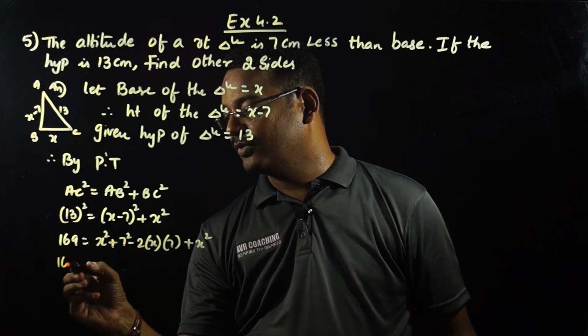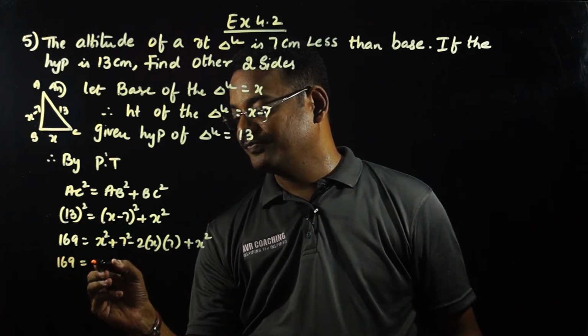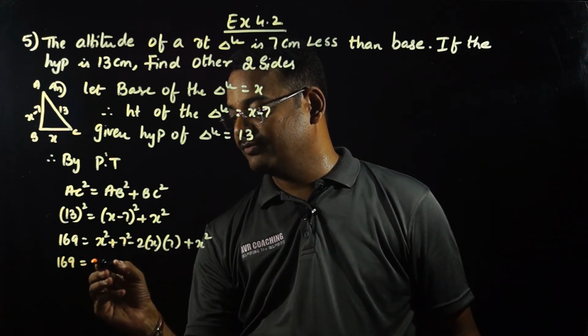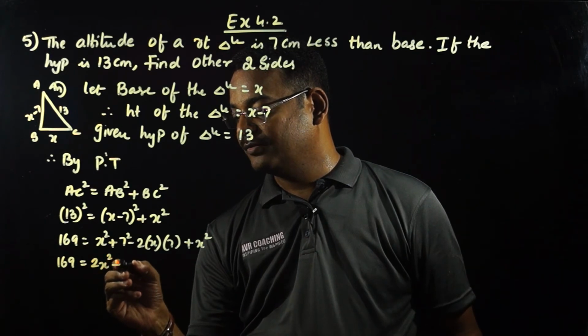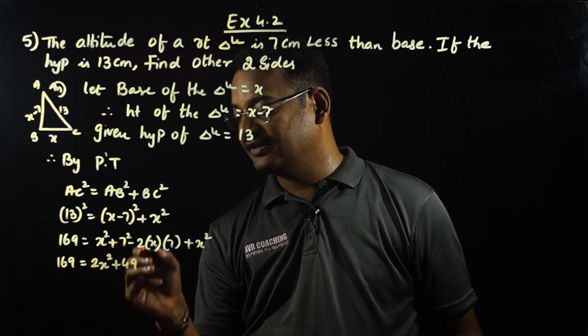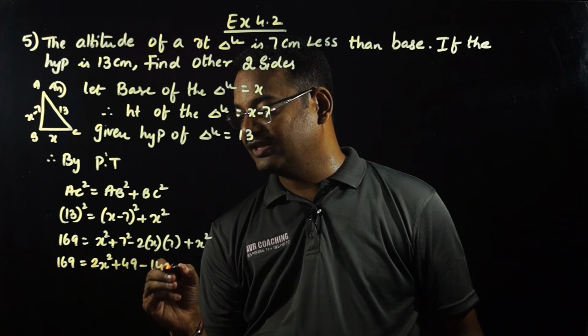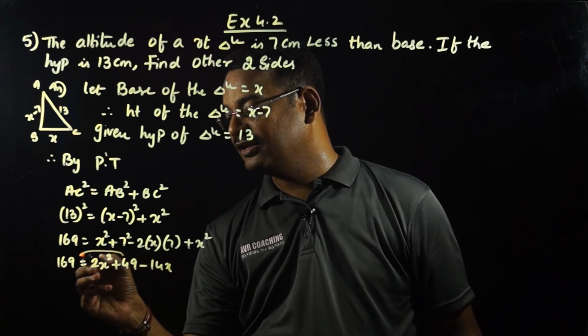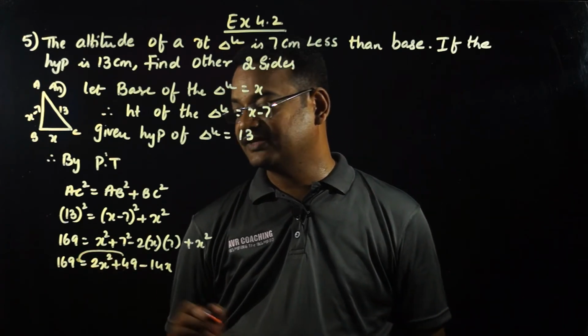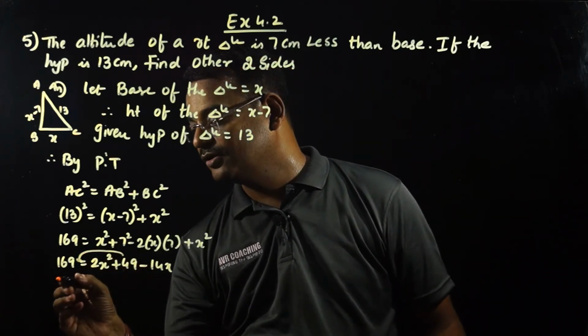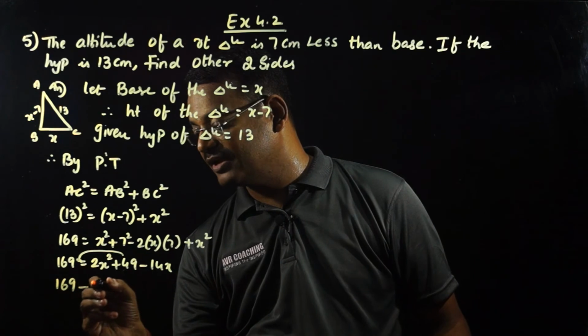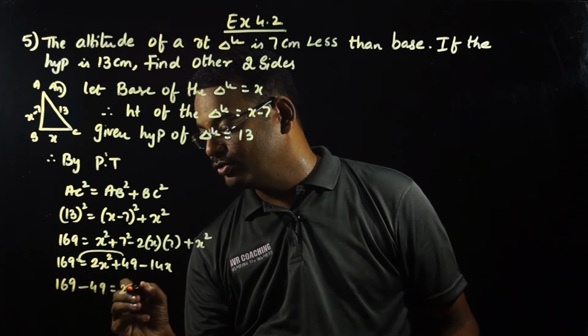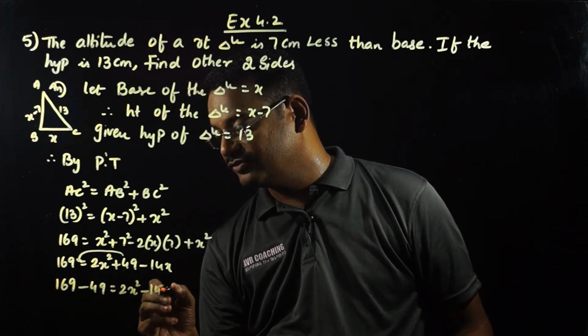A minus B whole square is nothing but A square plus B square minus 2AB. So this will be 169 equal to x square plus x square, which is 2x square, plus 7 square which is 49, minus 14x. Now if we bring this 49 to the left hand side of the equation, because this is the constant, this will be 169 minus 49 is equal to 2x square minus 14x.